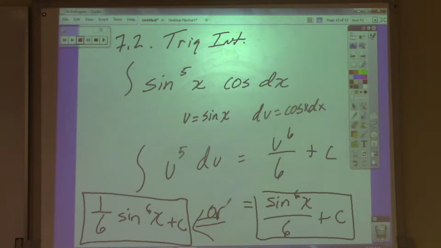Now that's the simple one. On a scale from 1 to 10, that's about a 1. Try another one.